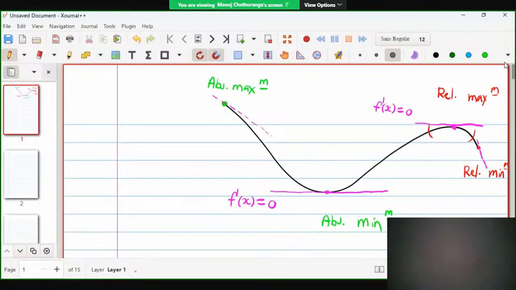So we cannot say at every maximum point we have a horizontal tangent line. We have to distinguish them, we have to separate them.